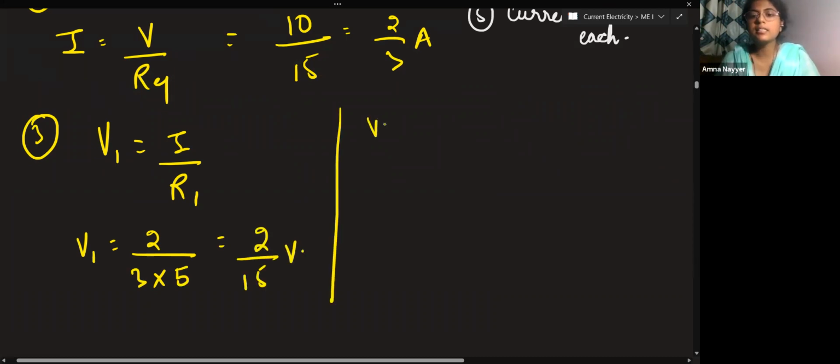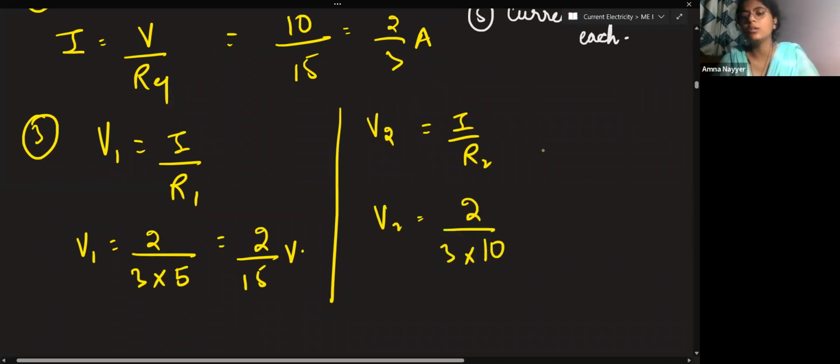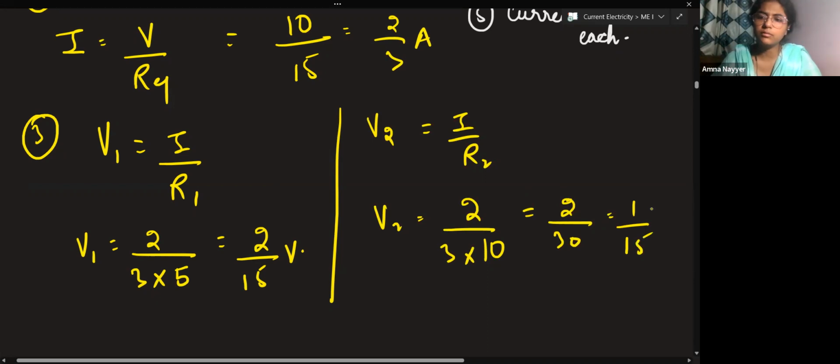Second part, V2 becomes I divided by R2. Now V2 is equal to I, which is 2 by 3, R is 10, no? So this becomes 2 divided by 30, which is 1 divided by 15.